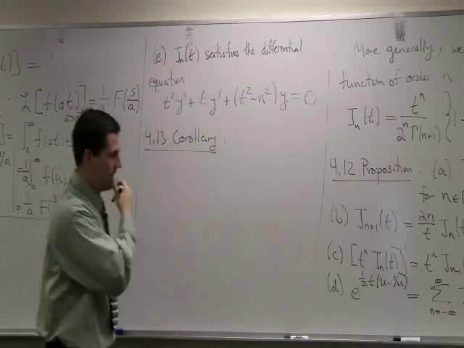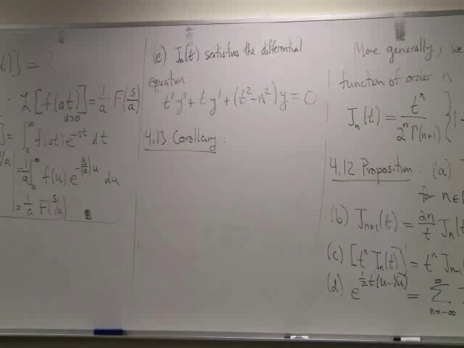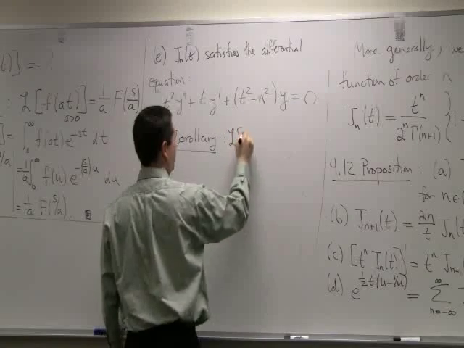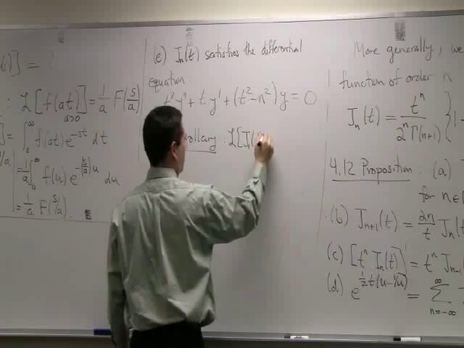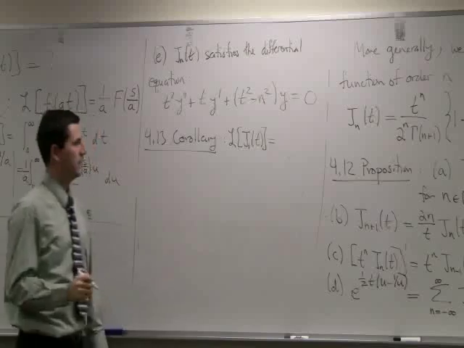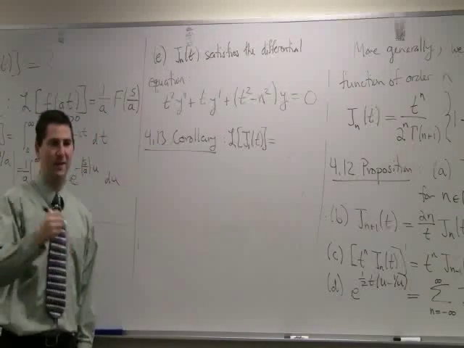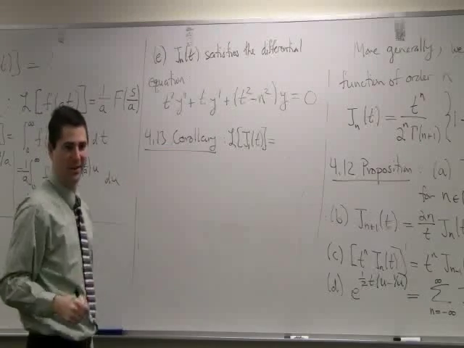Well, it's already nice that we know the derivative of J0 is minus J1. But if we play this game backwards, we can actually now compute the Laplace transform of J1. So the Laplace transform of J1. Well, I won't tell you what the answer is. Let's figure it out, and then we'll add it to the statement.